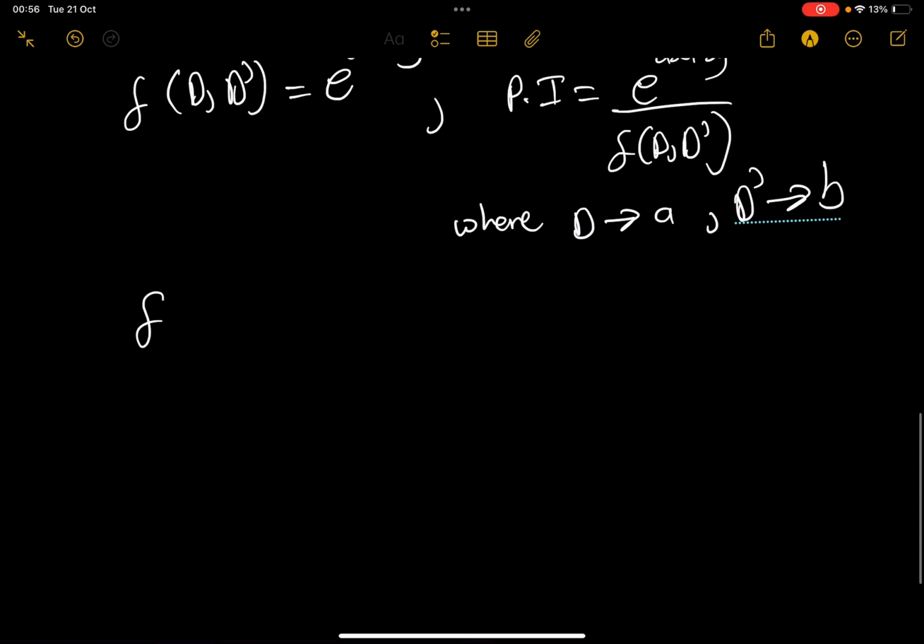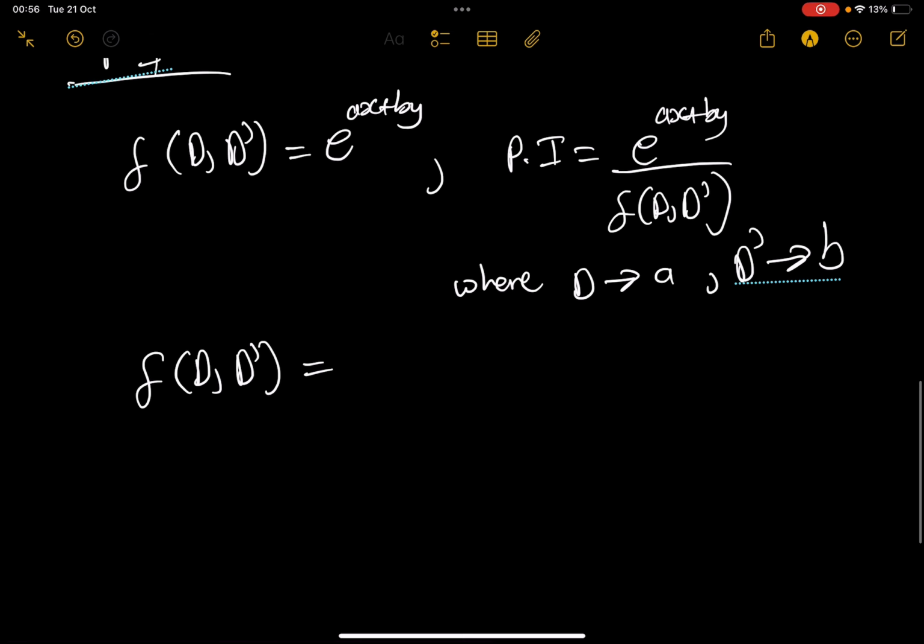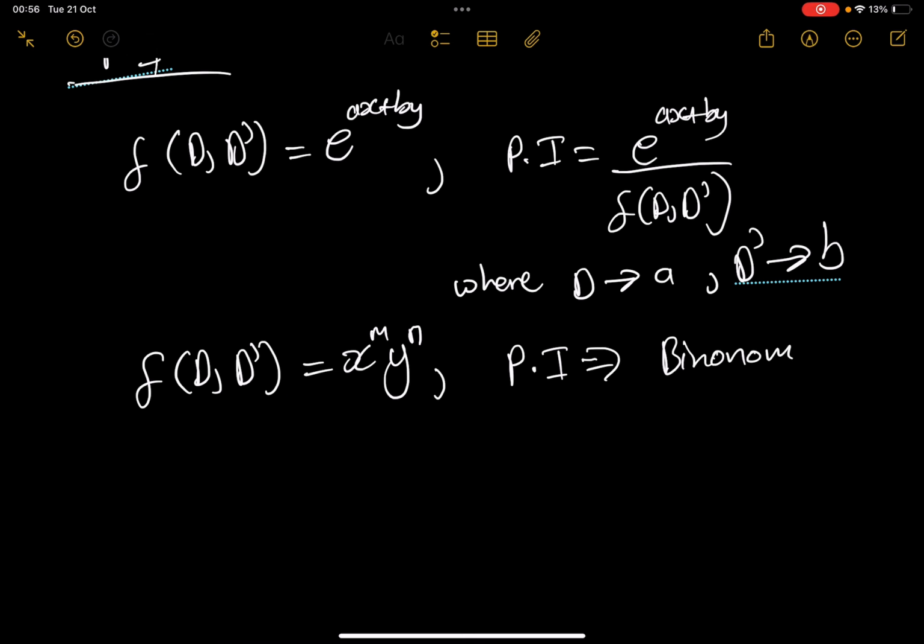Same thing if you're given a function of D and D prime where you have x to the power m, y to the power n. Same thing here. We are going to have your polynomial evaluated using a binomial expansion.